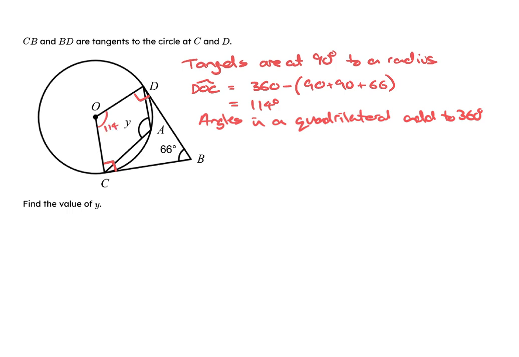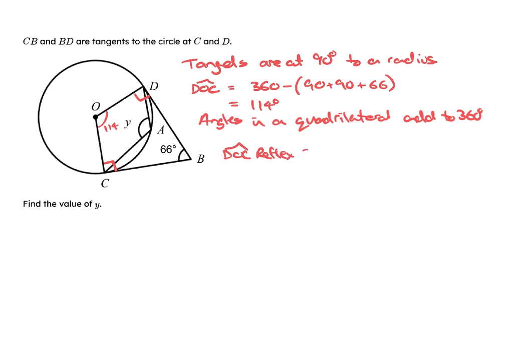Now I look again and go, okay, if I know what this angle is, I know what this angle is because I have a complete turn. So we want angle DOC, but this is the reflex angle. The one before was the obtuse angle.